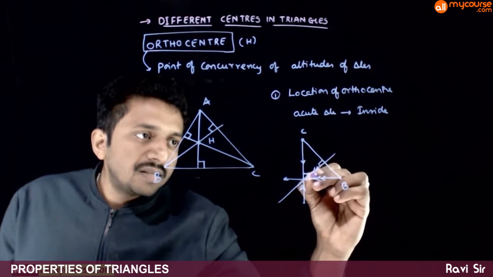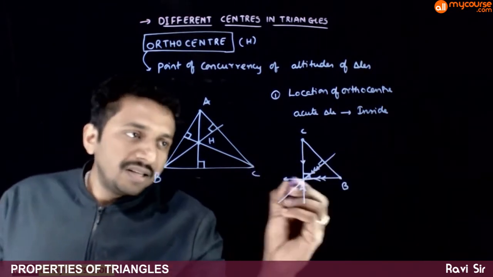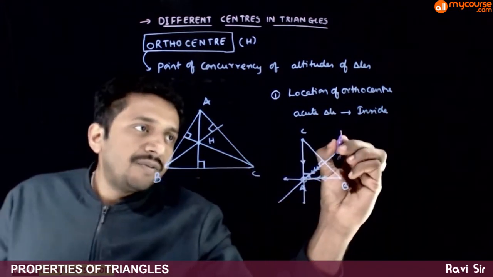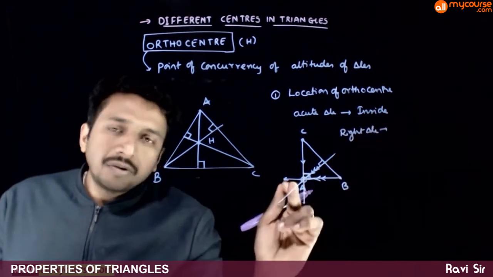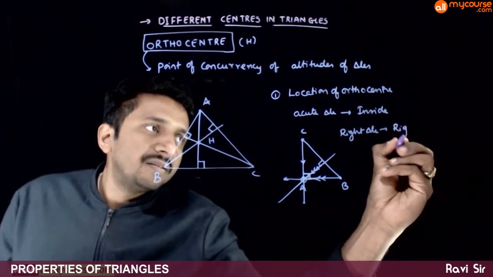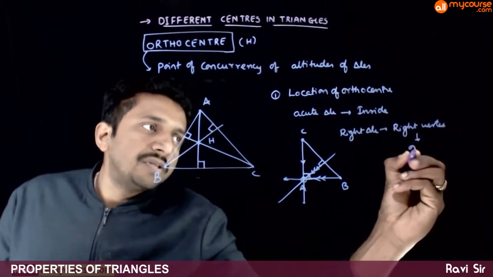Where are all of these meeting? They are meeting at the point A. That is, for a right triangle, the orthocenter is the right vertex itself.